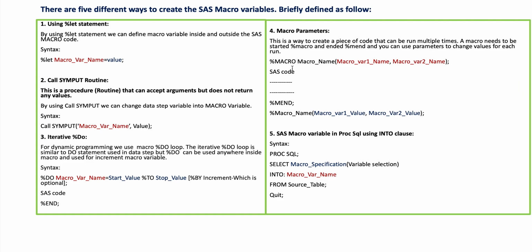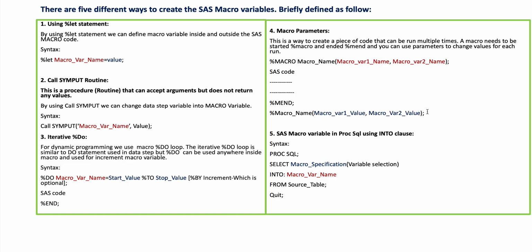Here, %macro, this is the starting point, %macro, macro_name, that is the name of the macro. And inside the parentheses, we provide the macro variable names. Suppose we are going to provide here two macro variables, macro var1 name and macro var2 name. These are the two variables. After that we have SAS code. The ending of the macro is %mend, and we are calling the macro %macro_name, whatever we provided at the starting point.